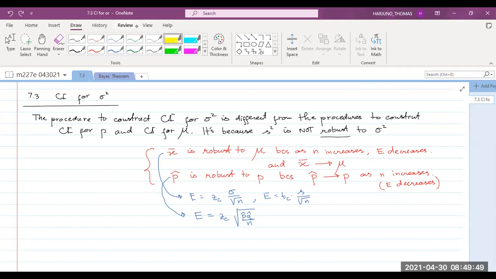Okay, now that is not the case with sample variance.